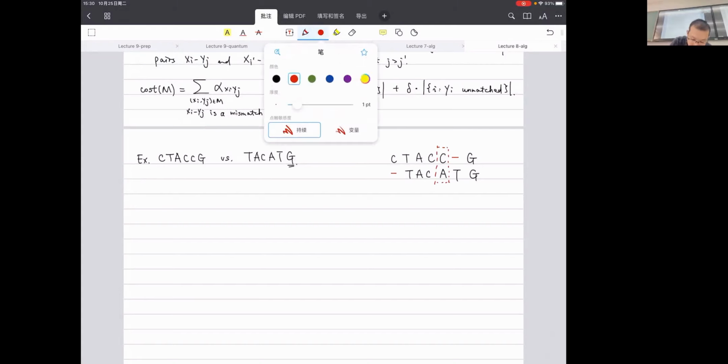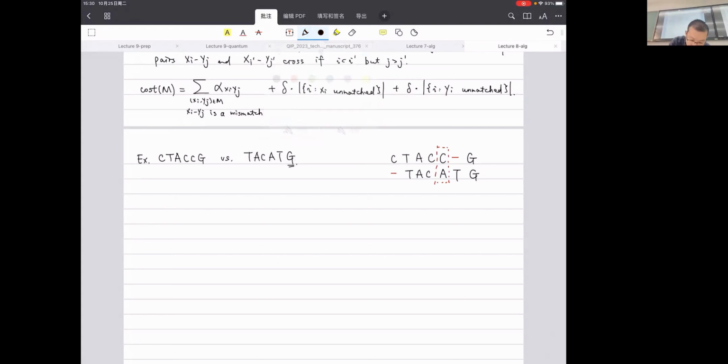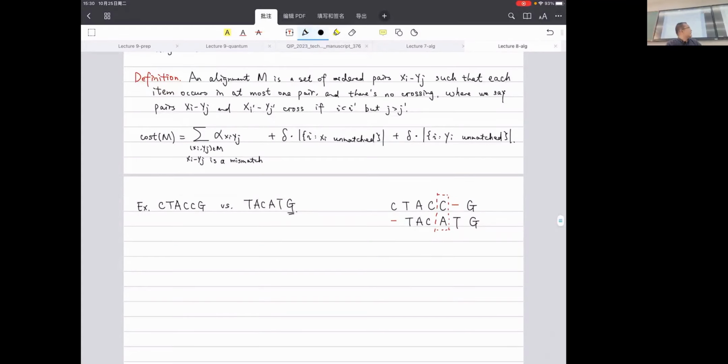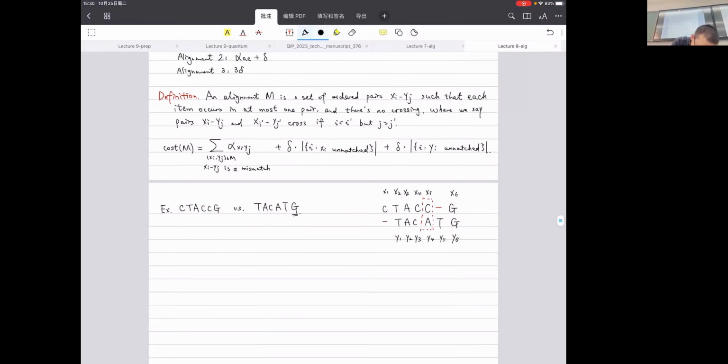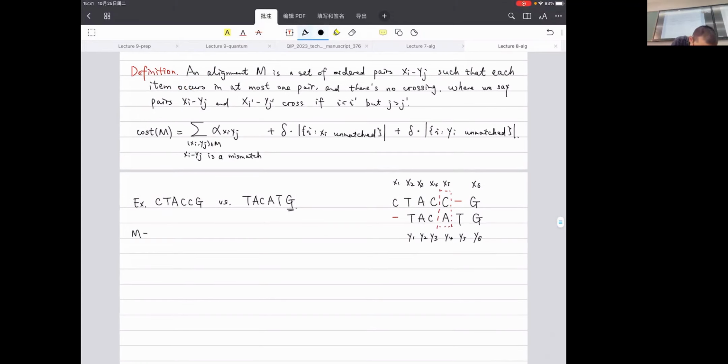We also need to figure out what the x's and the y's are here. This is the first string, x1, x2, x3, x4, x5, x6. Here is y1, y2, y3, y4, y5, y6. The matching we are giving leaves x1 alone, so x1 does not appear in this matching.